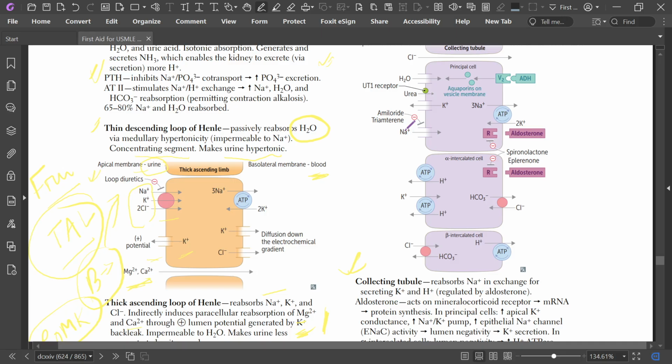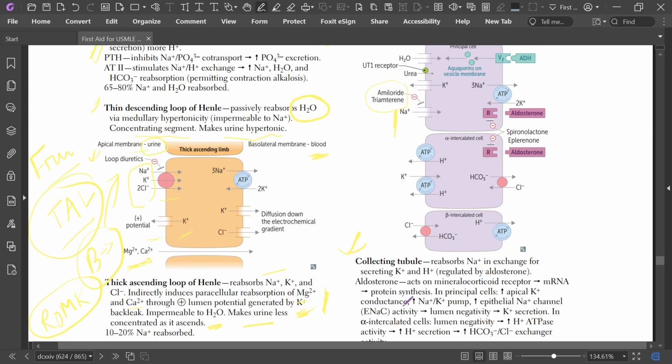So collecting tubule works here. This sodium channel can be blocked by drugs like amiloride and trimethoprim, and spironolactone also works here. Spironolactone blocks the ENaC channel.